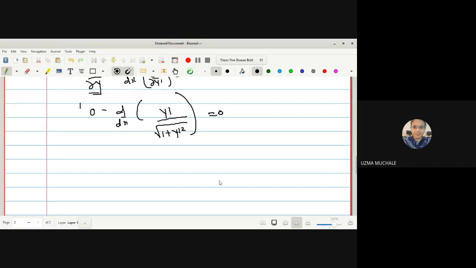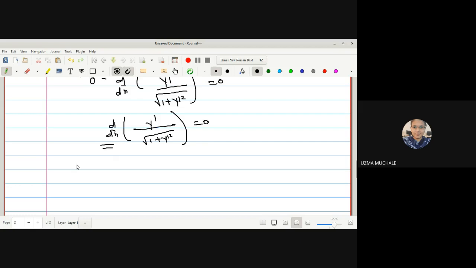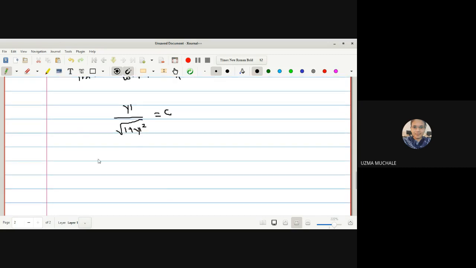Now if I want to solve this equation, instead of finding the derivative with respect to x, which will be somewhat difficult, because it is the u upon v rule, we will integrate the above equation with respect to x. Integrating with respect to x, we get y' upon under root of 1 plus y' square is equal to some constant c, correct?